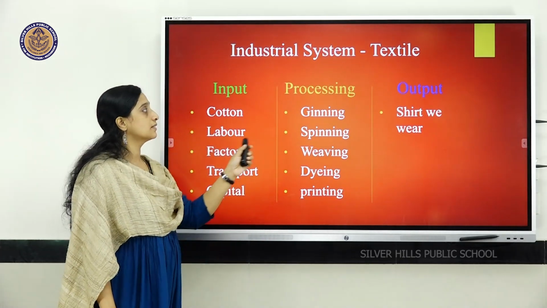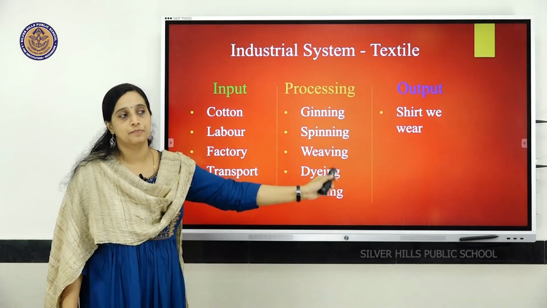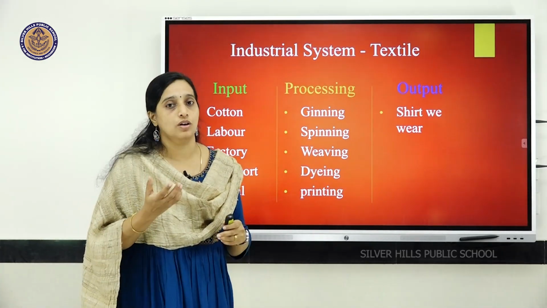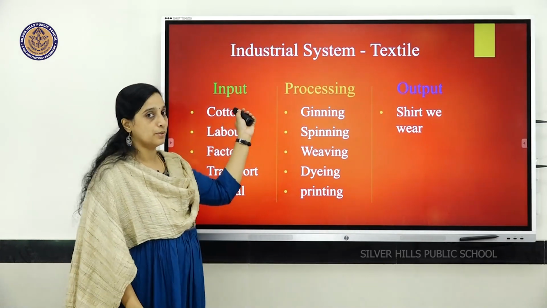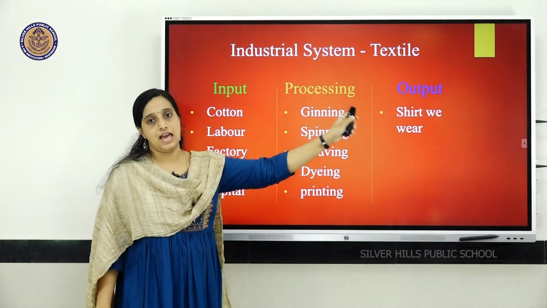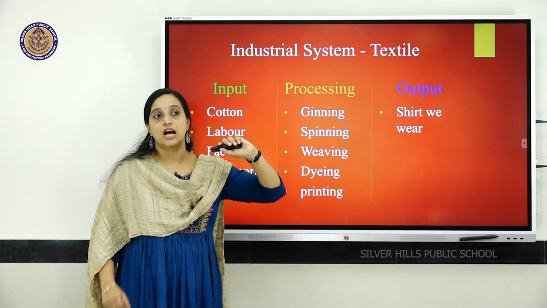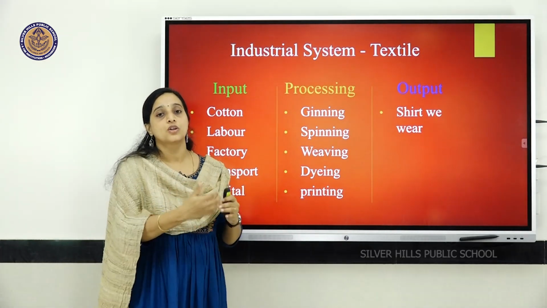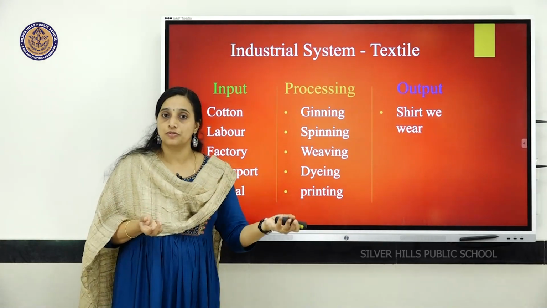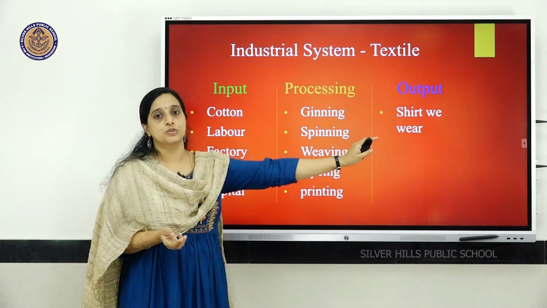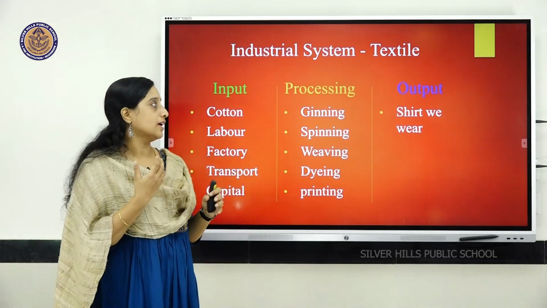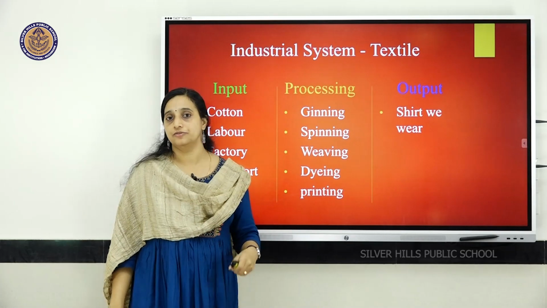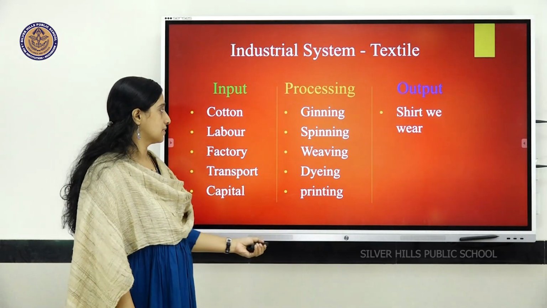So these are the three parts of the industrial system on which the industry works or functions: input, processing and output. Inputs are the different sources used, whereas processing is the process to convert the raw material into finished goods, and the output is the finished product and also the income that we earn from the sale of the product.